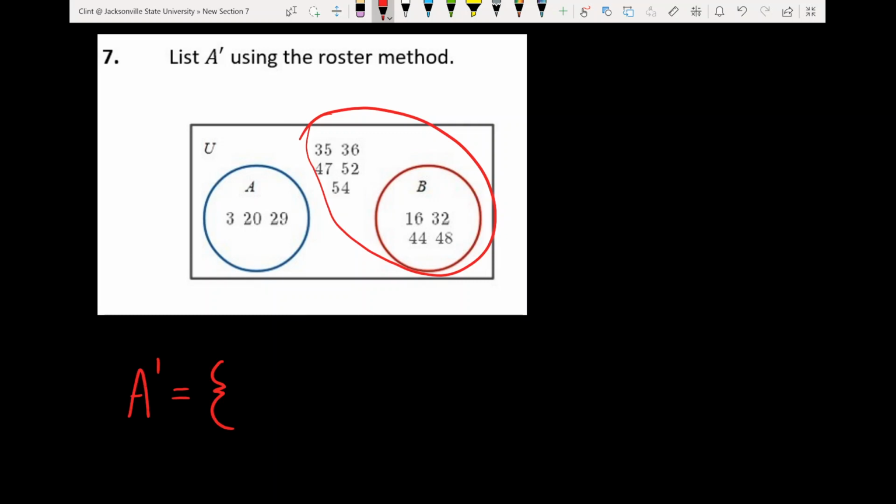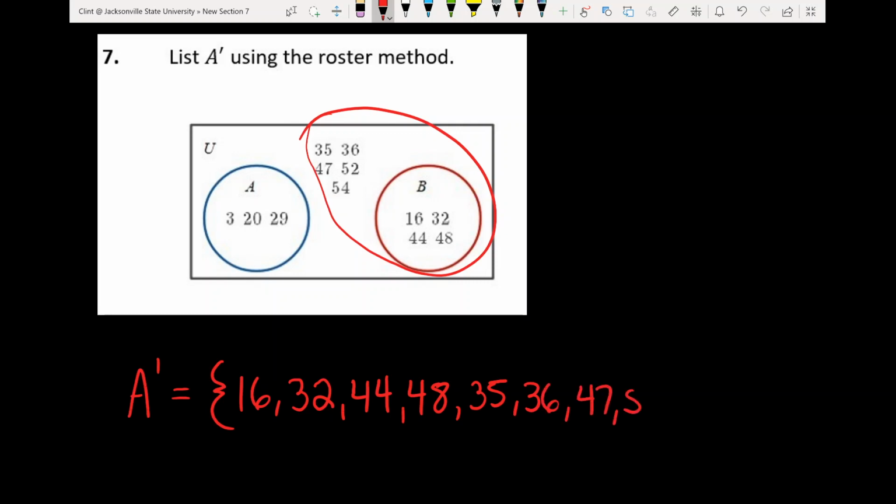The order doesn't matter here, but I'm going to do the ones in B: 16, 32, 44, 48, and then the ones out in the universal set: 35, 36, 47, 52, and 54. So again, A complement, all the elements that are not in A.